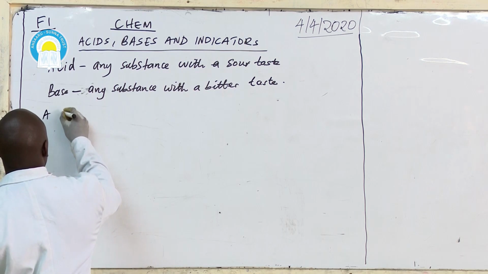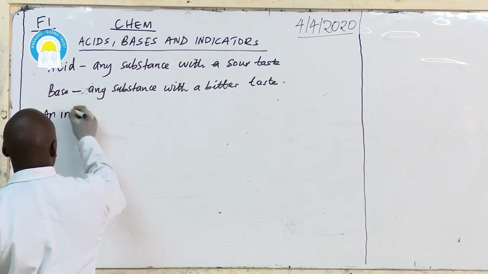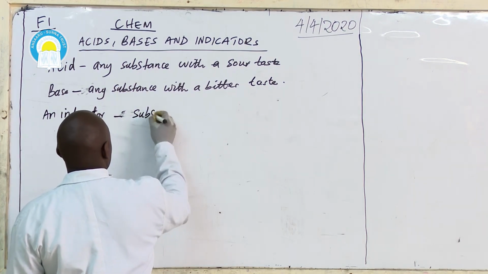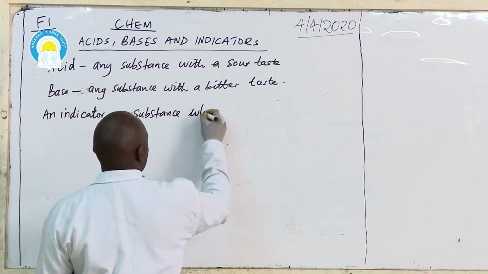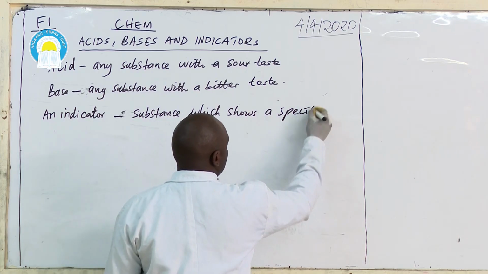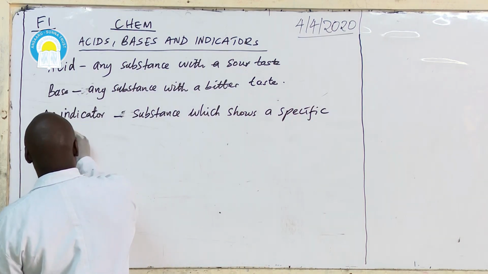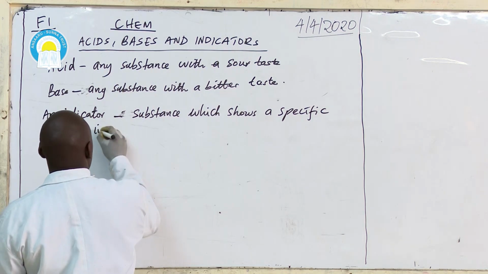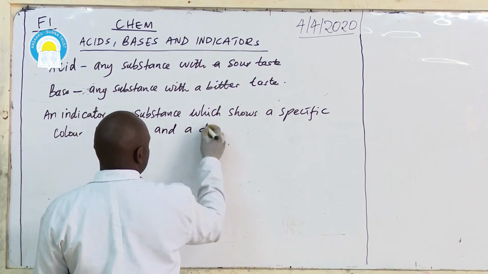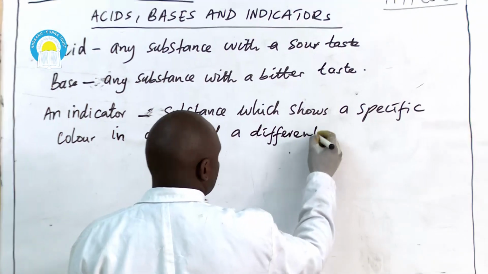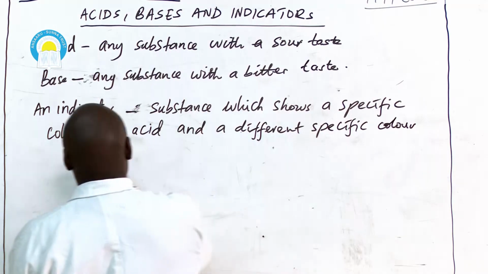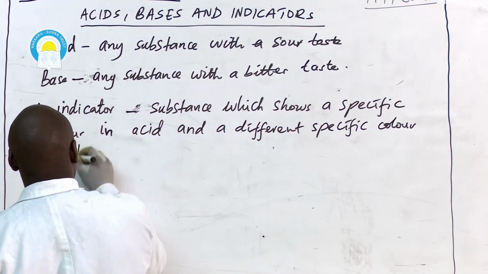And we can define an indicator as a substance which shows a specific color in acid and a different specific color in base.